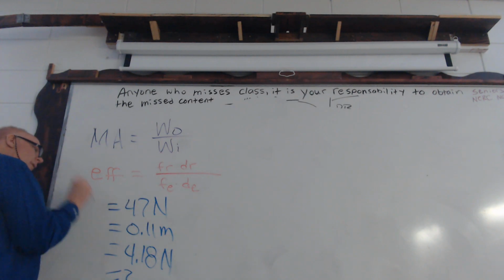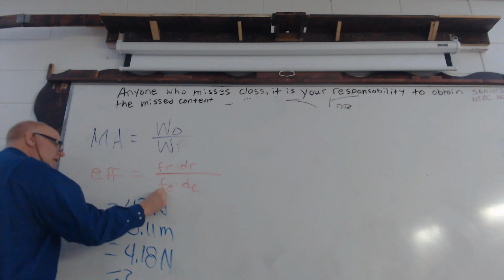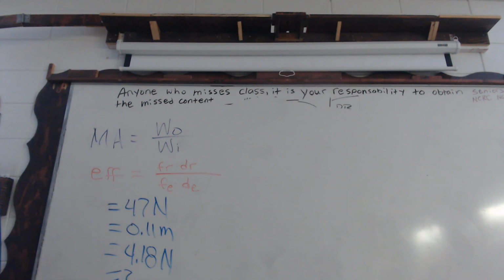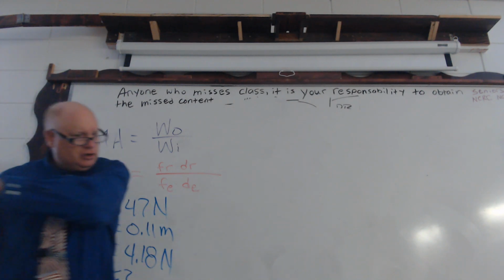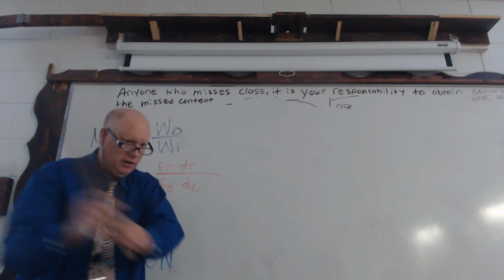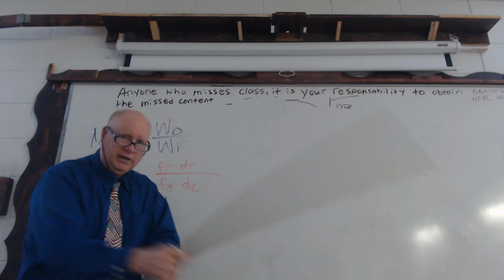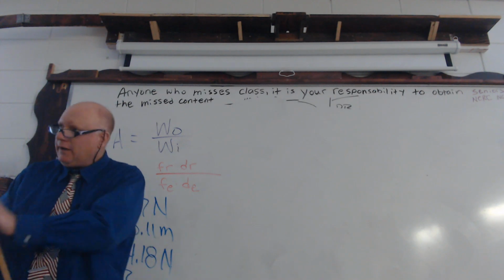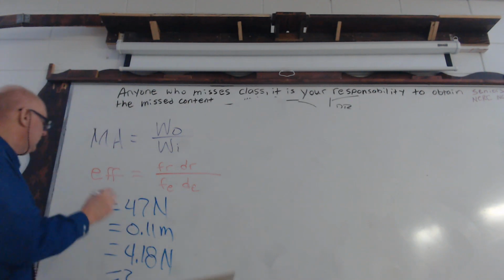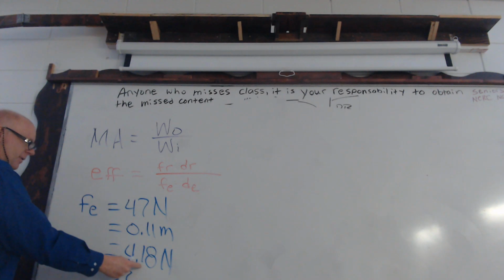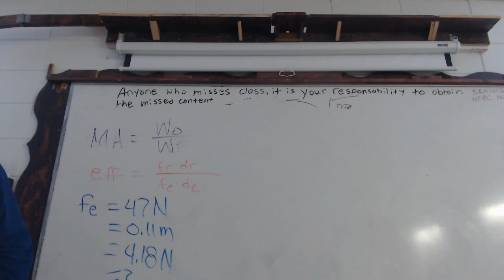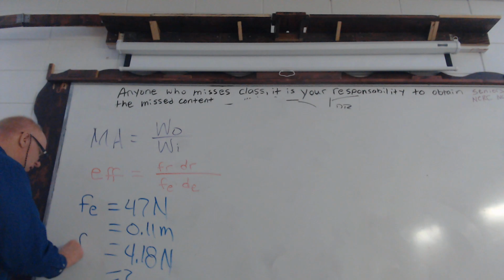If he's swinging with this much force, is that an effort force or a resistance force? If he physically has this axe and he's striking with 47 newtons, he's actually putting effort into swinging this axe. So this is an effort force. It probably says it chops into the wood with 4.18 newtons of resistance. Does that sound right? Then this is the resistance force.